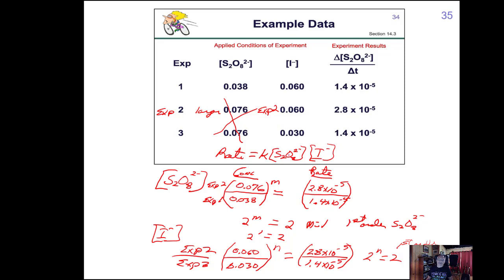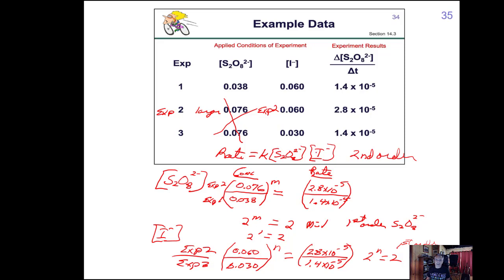So we are first order in peroxydisulfate, we are first order in iodide, and the overall order of the reaction is second order. Okay, so we figured out the rate law. We have not yet computed the rate constant k. We're going to do that in just a minute.